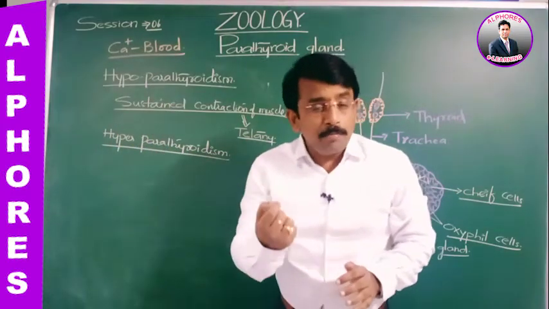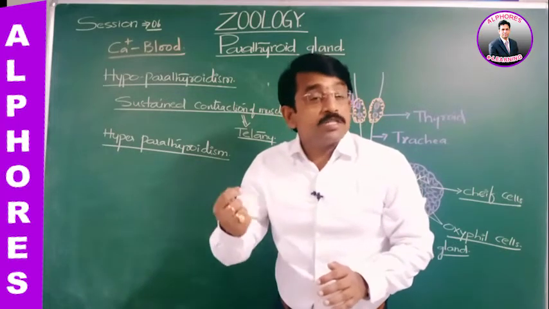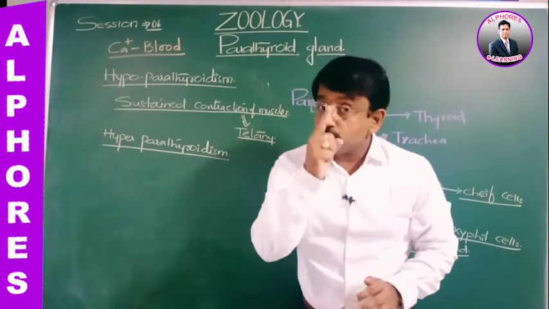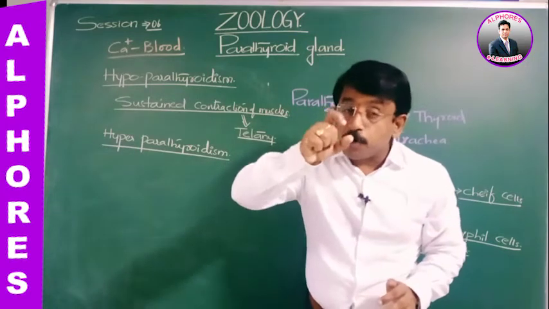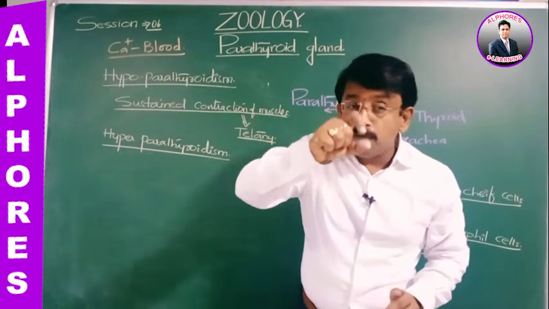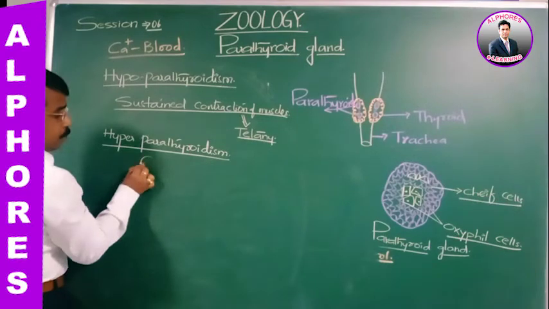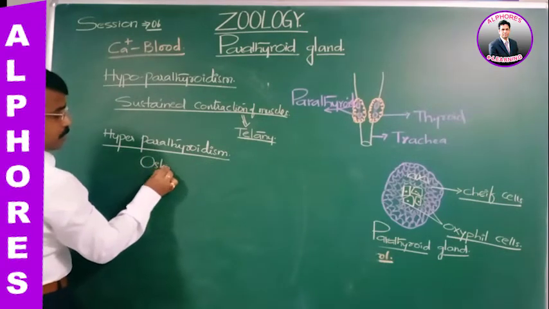So more demineralization, bone dissolution and bone resorption take place, resulting in the bones forming cavities. Cavities are filled with fibers, resulting in osteitis fibrosa cystica.